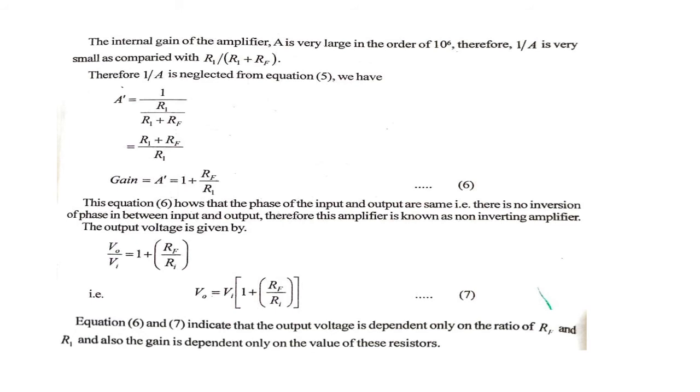Therefore, gain A dash equal to 1 plus Rf upon R1. This equation shows that the phase of the input and output are the same. That is, there is no inversion of phase between input and output. Therefore, this amplifier is known as a non-inverting amplifier.